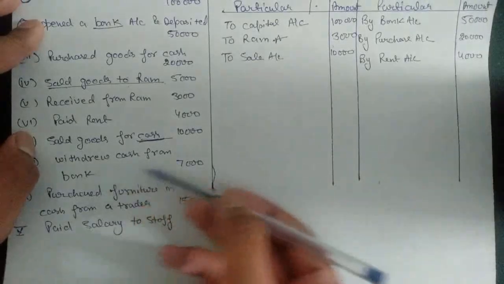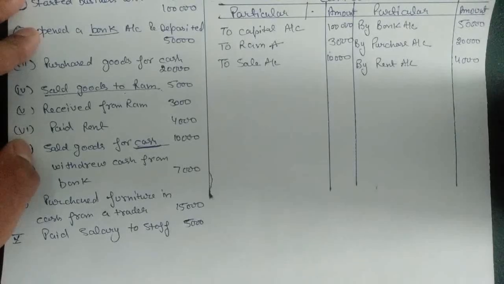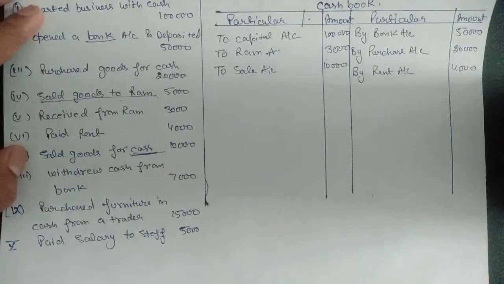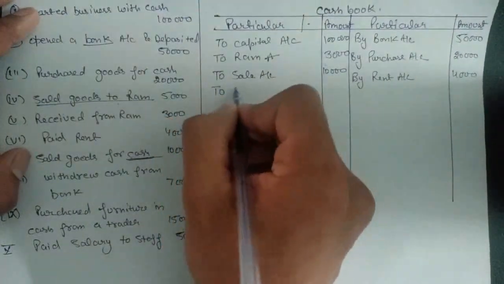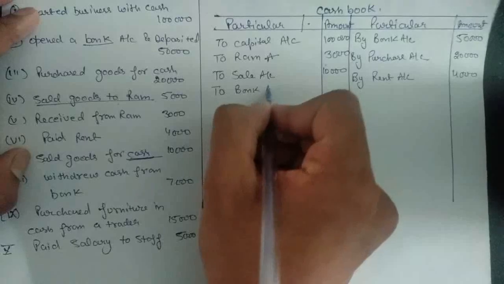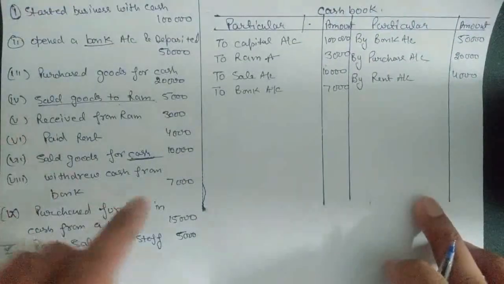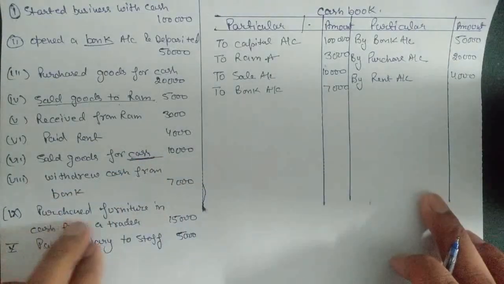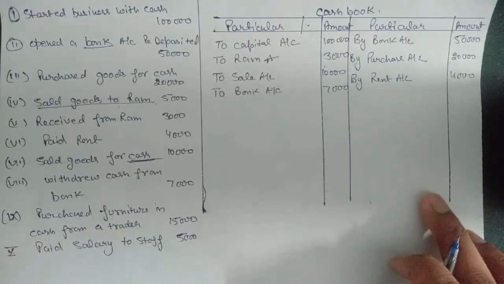Withdraw cash from bank, it means we are withdrawing cash from bank, so business will get cash, and if business got cash, it means inflow of cash. So for recording inflow of cash, to bank account 7,000, because the inflow is from bank, we are withdrawing from bank. Next thing is purchased furniture in cash from a trader.